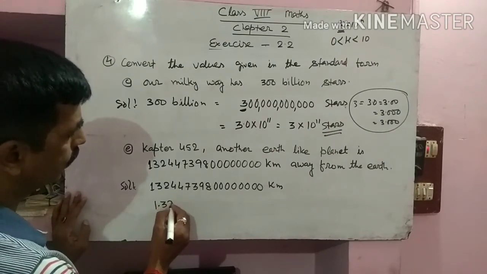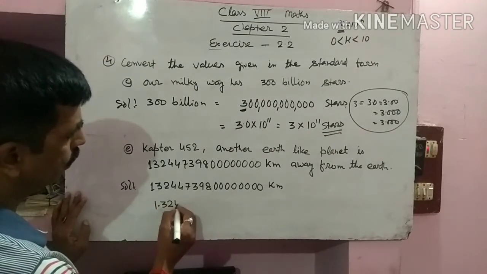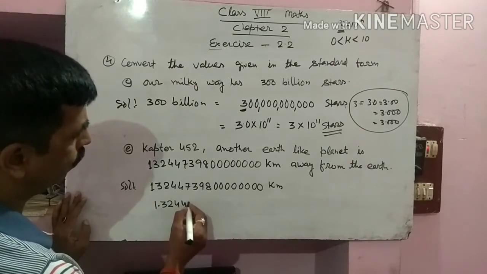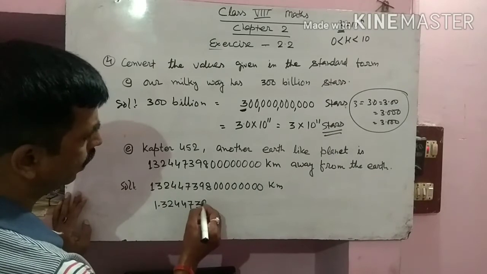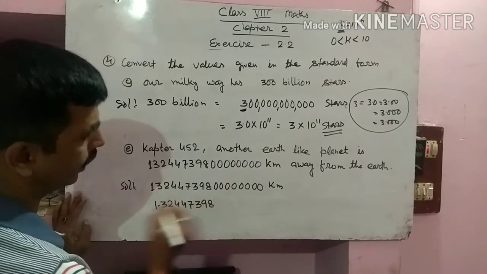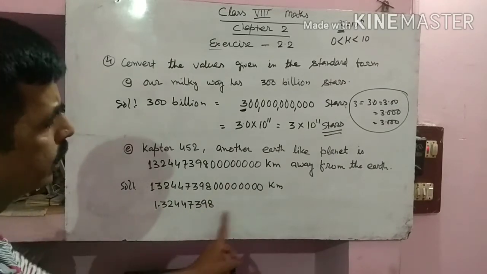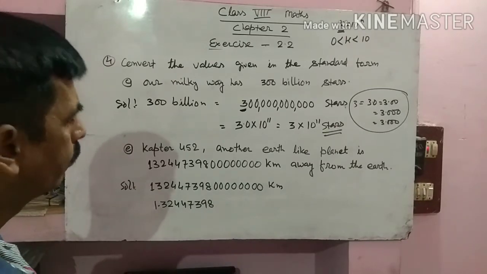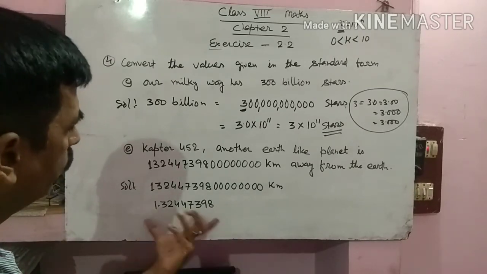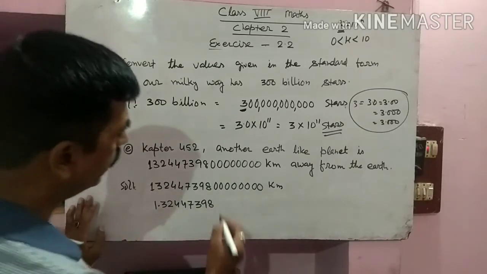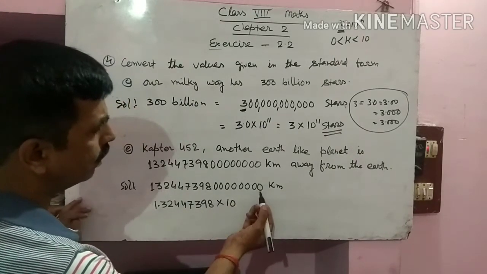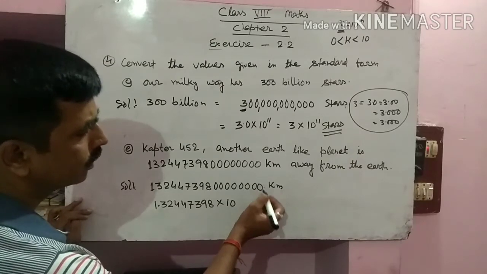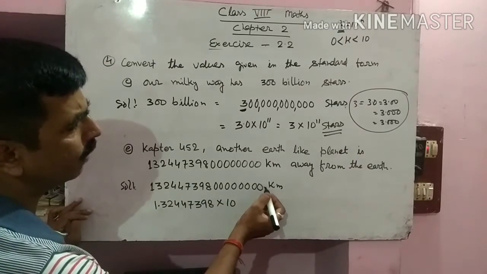1.3, 2, 4, 4, 7, 3, 9, 8, like this. Into 10 to the power, we count the number, because the decimal is at the end here.